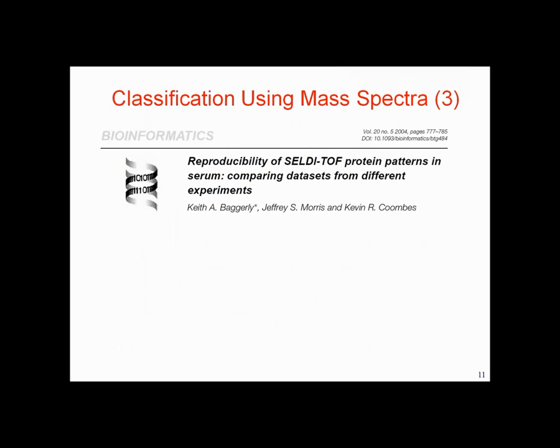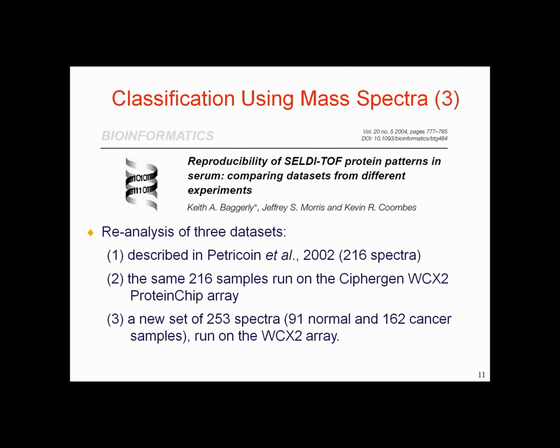So Keith Baggerly, Jeff Morris, and Kevin Coombs from MD Anderson took a look at this data, and as I said, the group of Conrads and Petricoin is to be commended because they made the data available for other researchers.